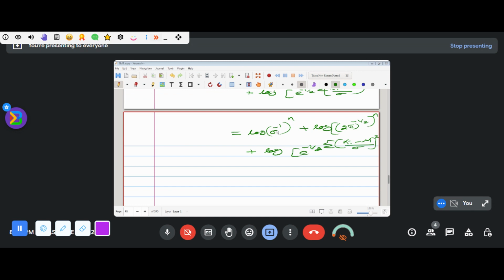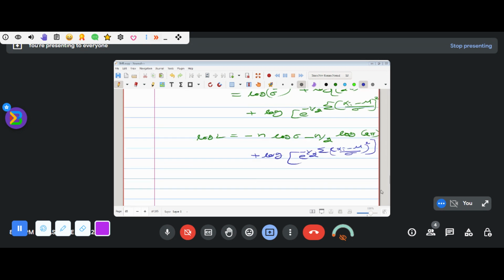Again log a power b, therefore log L equals minus n log sigma minus n by 2 log of 2 pi plus log e power minus 1 by 2 summation (xi minus mu divided by sigma) the whole square.